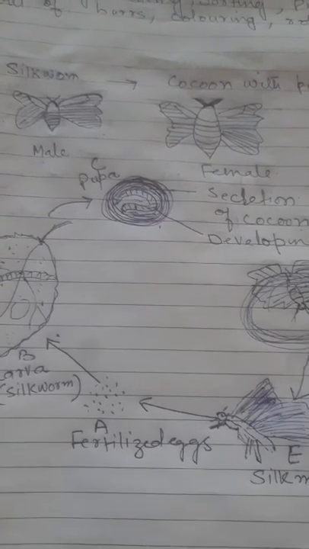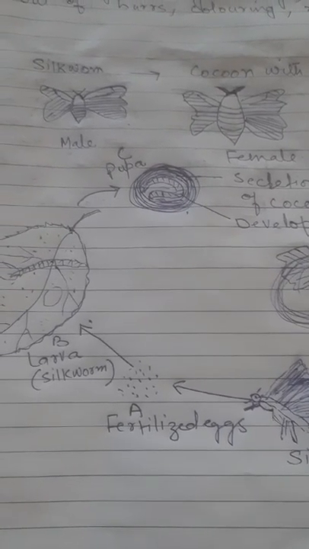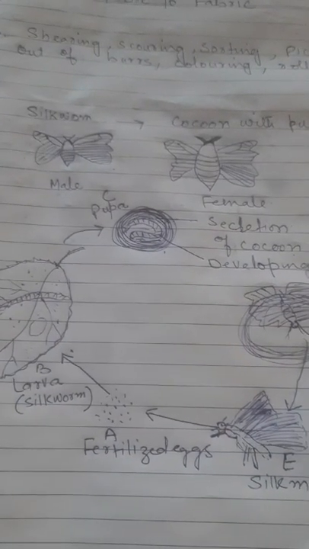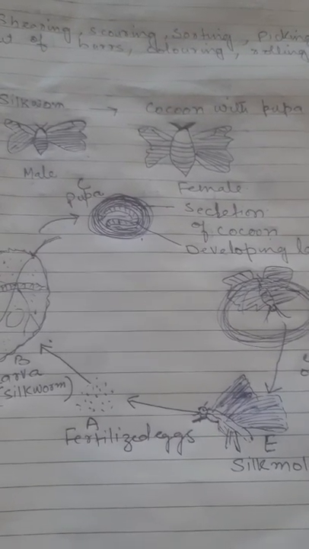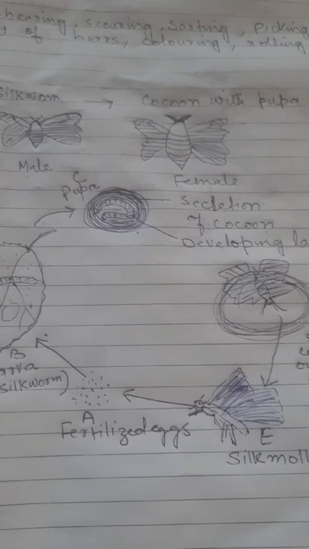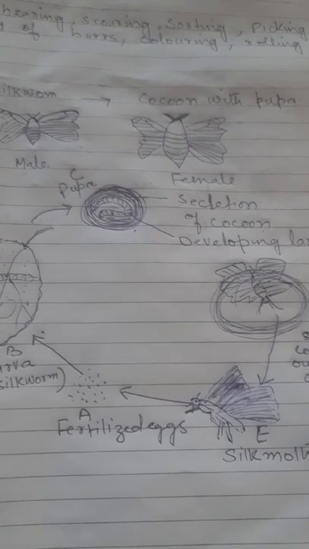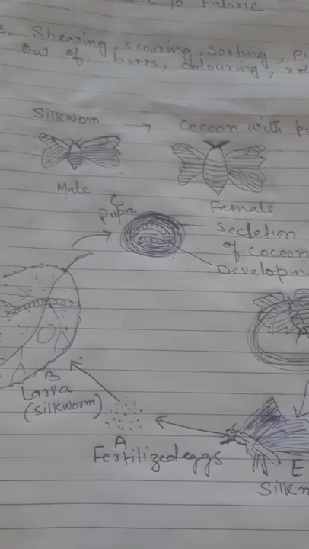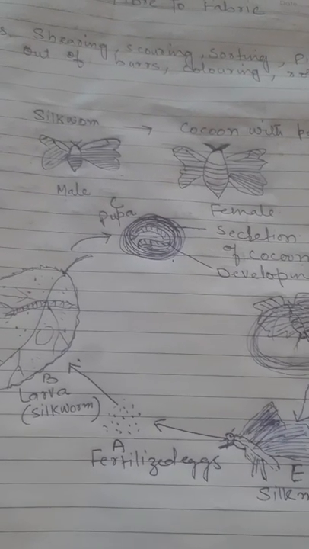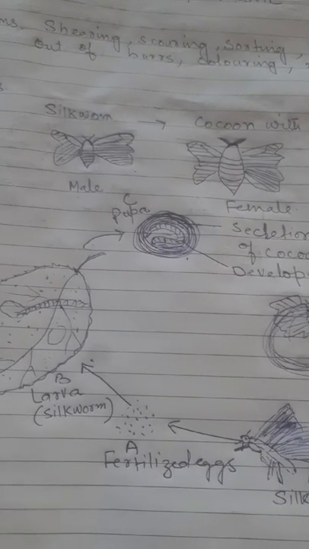So a related term to silk production is sericulture, because the science which deals with developing silkworms and obtaining silk is known as sericulture. And moriculture is related with this silk production. So the answer is sericulture and moriculture.